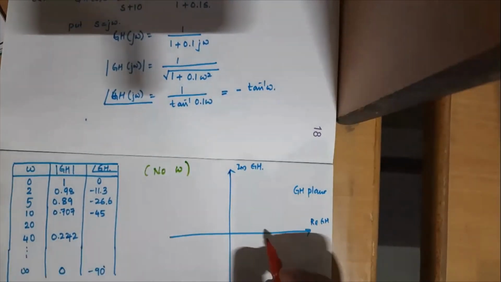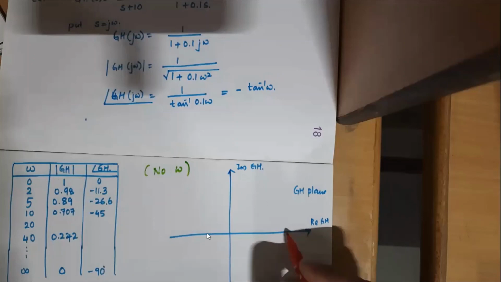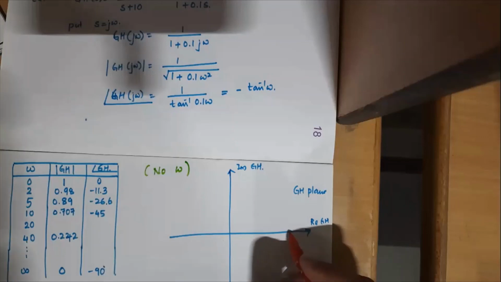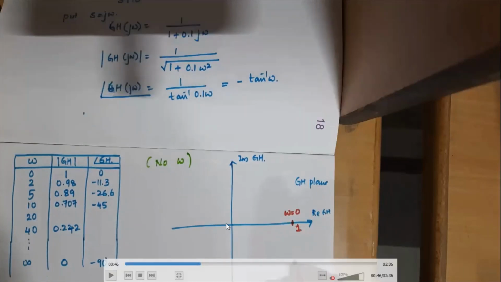We start with the first one. When omega is 0, what is the magnitude? Unity. And what is the phase angle? 0. So you have to locate this point in this plane. A 0 degree line with the magnitude of unity comes somewhere here. The 0 degree line is of course the positive real axis. Magnitude on that one is somewhere here.